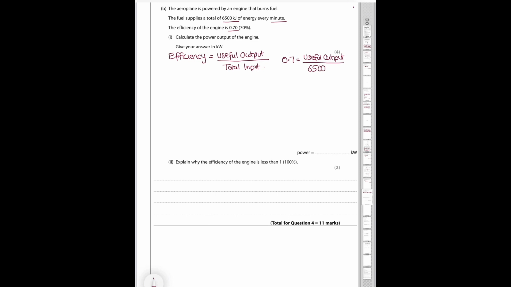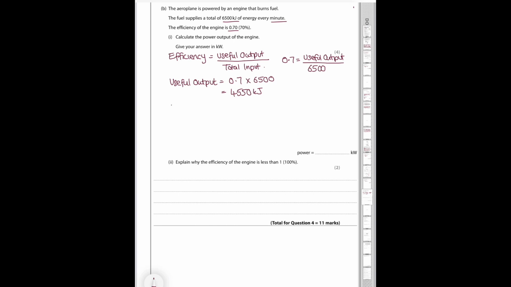Now, if we rearrange that, our useful output energy would be 0.7 times 6,500, and that would give us an answer of 4,550 kilojoules of energy.